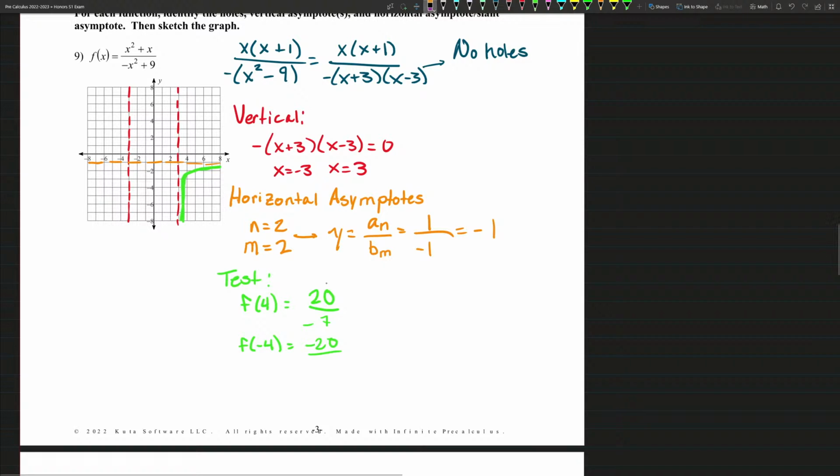Yeah, I did that wrong. Negative 4 squared, that's 16. 16 minus 4, that's 12. And then on the bottom, we get negative 16 plus 9, which is negative 7. This is smaller than negative 1, so our graph is going to be down below.